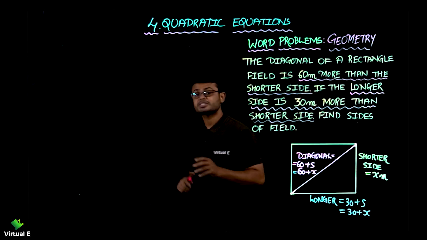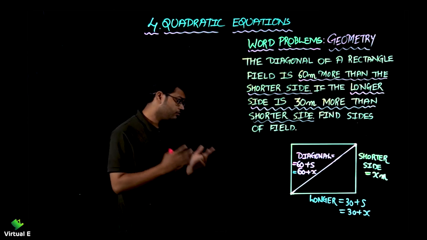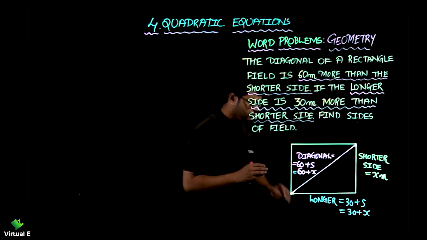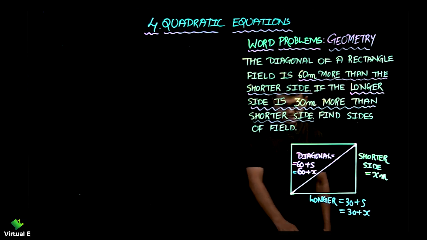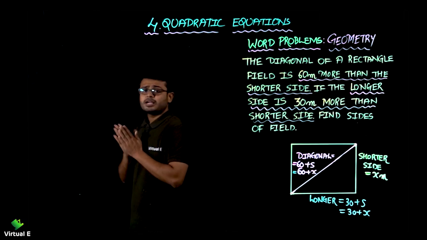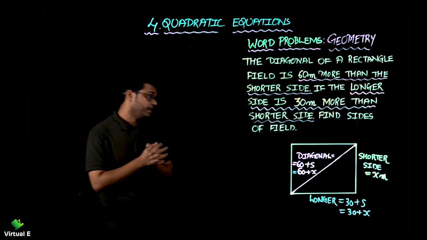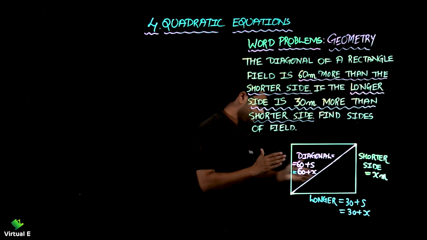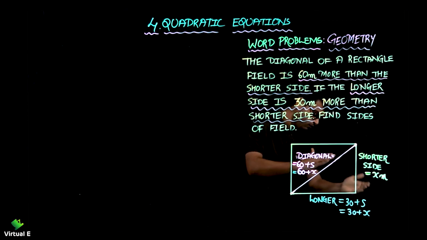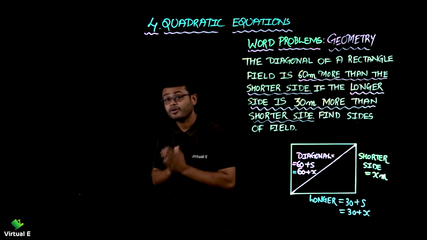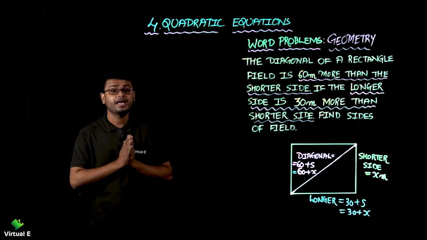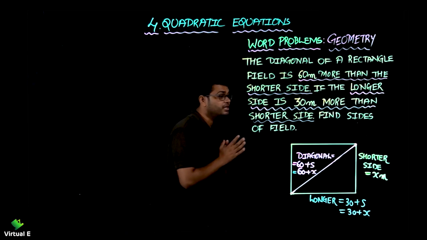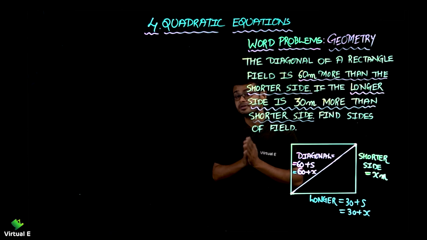Done. So we have the relations: shorter side is x meters, longer side is 30 plus x, and diagonal is 60 plus x. Now how to get the equation? We know one property of a rectangle: all angles are 90 degrees. And if you see the diagonal, longer side and shorter side, it's making a right angle triangle. For a right angle triangle, there is a very famous theorem, the Pythagoras theorem.